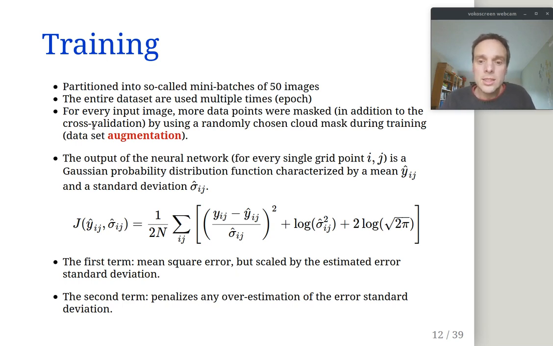And this equation that you see here can be derived directly from the expression of a Gaussian function. So it's essentially just minus the logarithm of the Gaussian function. In data assimilation you often consider the error variance as given, and not a parameter that you actually optimize.